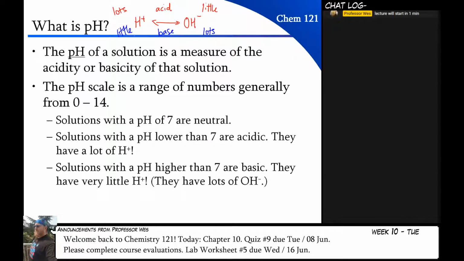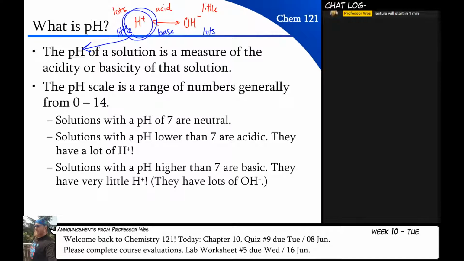And so we measure H+ as our rubric. We put the amount of H+ into this formula, and the formula spits out a number from 0 to 14. Now, you can go below 0, and you can go above 14, but it's rare. You're not going to see it in this class, except for maybe one example, now that I think about it.